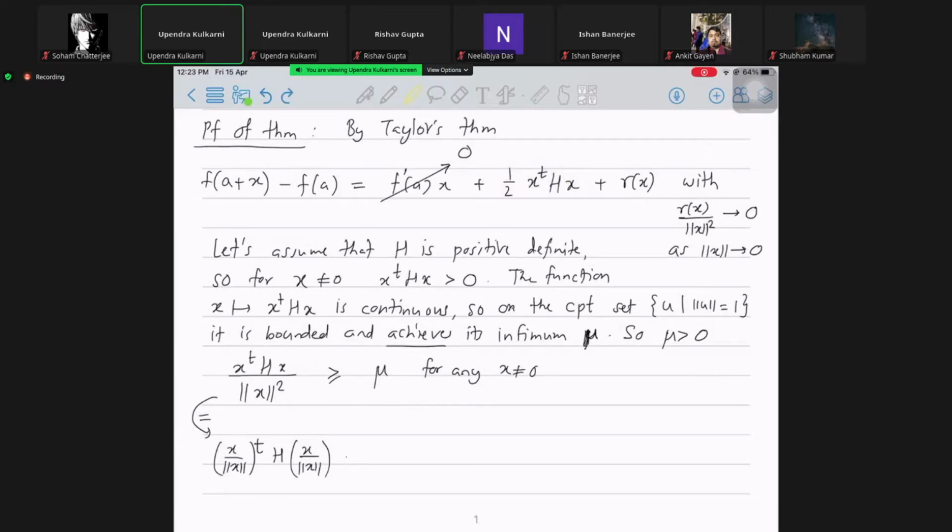And I know that the remainder divided by norm of x the whole square goes to 0. So I can just choose x close enough so that the first quantity always beats the correction term. So let's write this down.